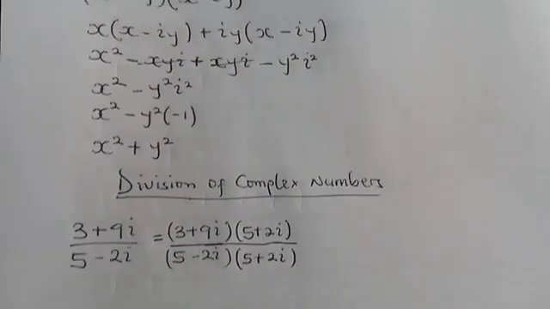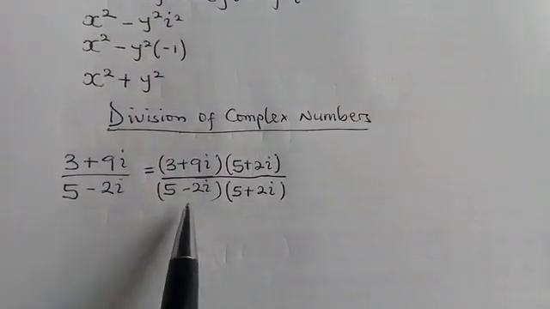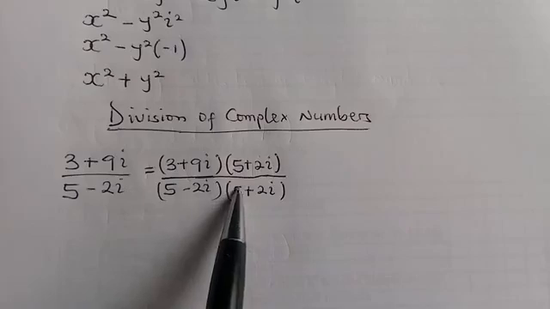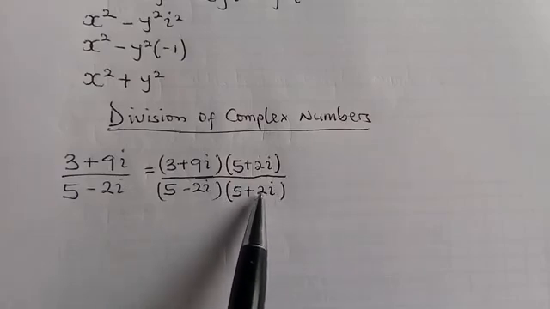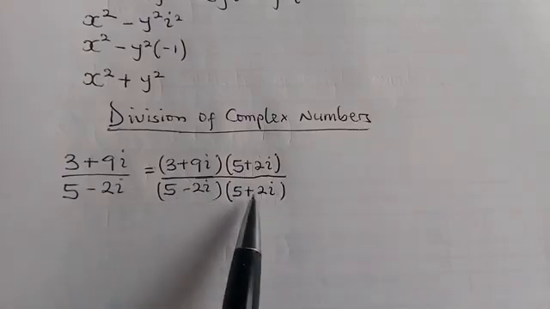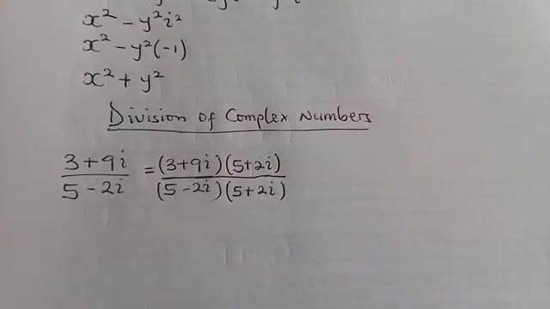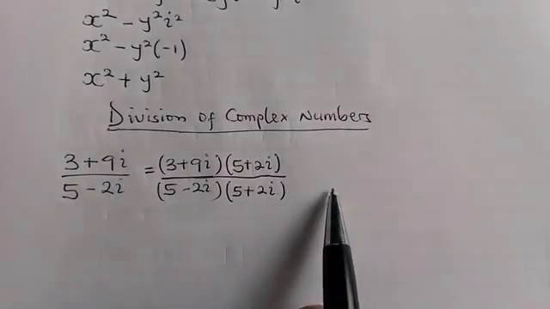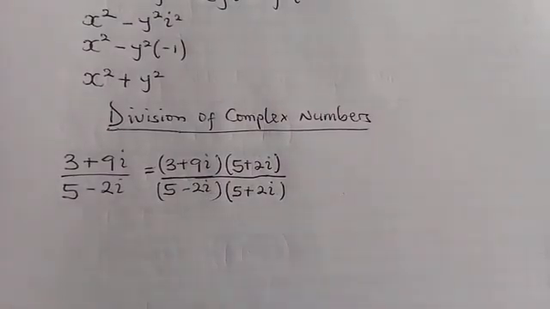So what we have here, look at the denominator. We have 5 minus 2i multiplying 5 plus 2i. With this now, you are going to have plus or minus 2i, which is the imaginary part. Because of that, by the time you open this bracket, you are going to have a real product in the denominator.